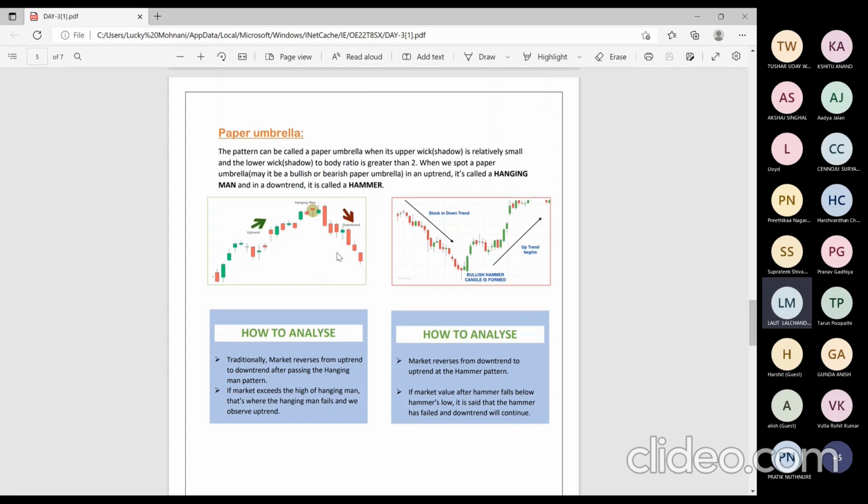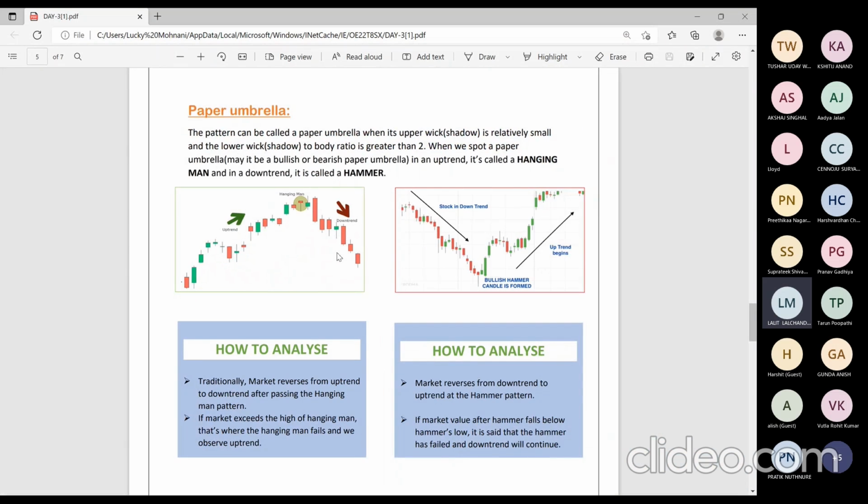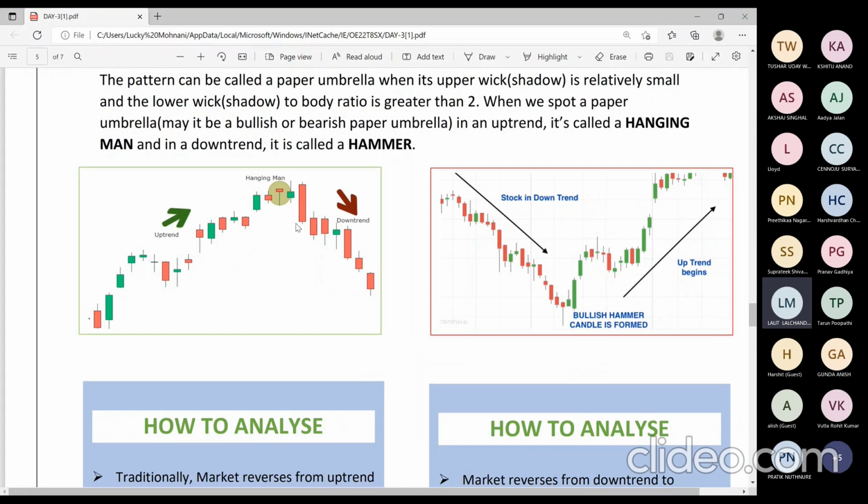Now we'll study the hanging man pattern. For the hanging man, we need to see the previous trend: the market was initially bullish, with bulls in control. When we see a hanging man, it means the market was in the control of bulls, but bears were successfully able to influence the market and gain their power.